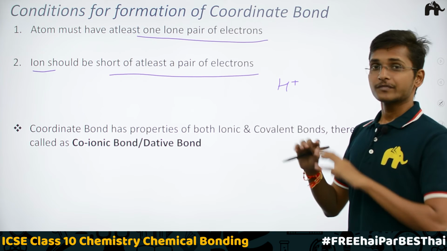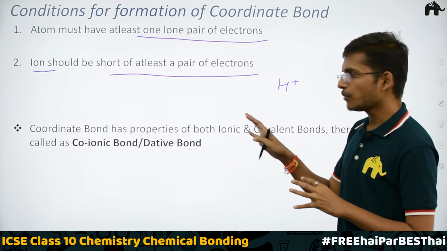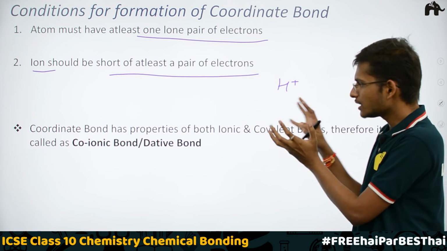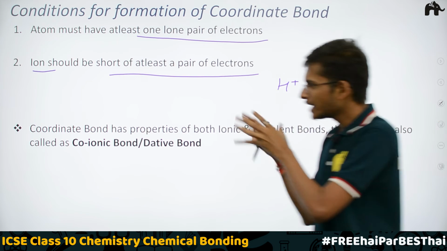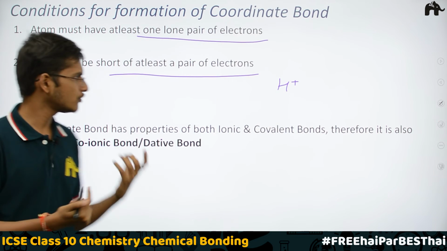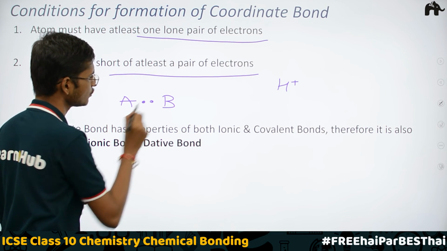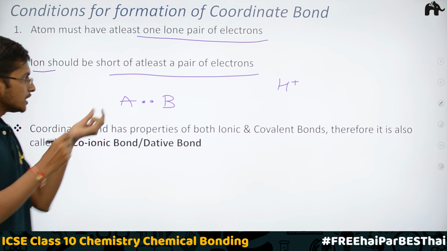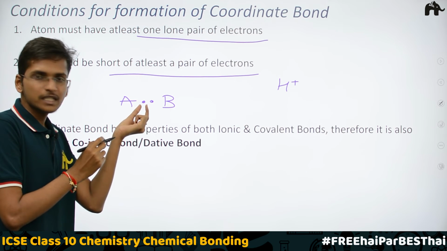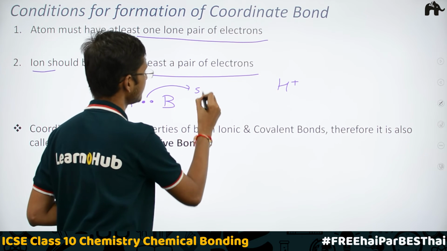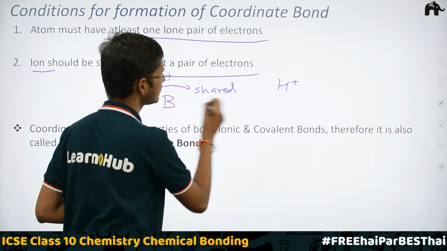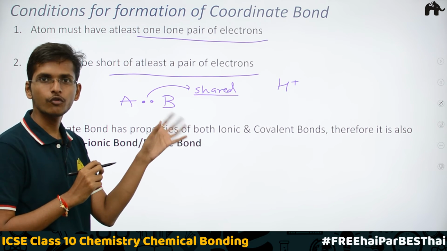Now lastly, we have just studied the formation of the coordinate bond, and see what we have figured out. When the coordinate bond is formed, the electron pair is being shared, so it has some of the characteristics of a covalent bond.